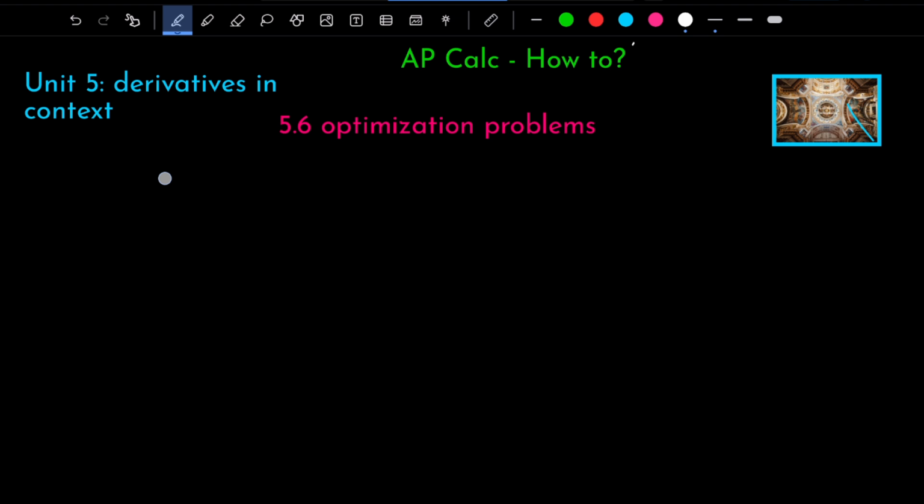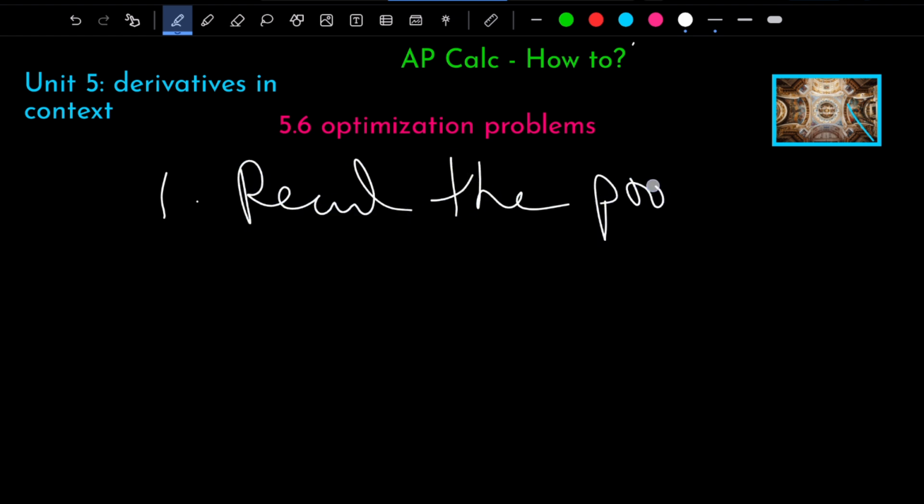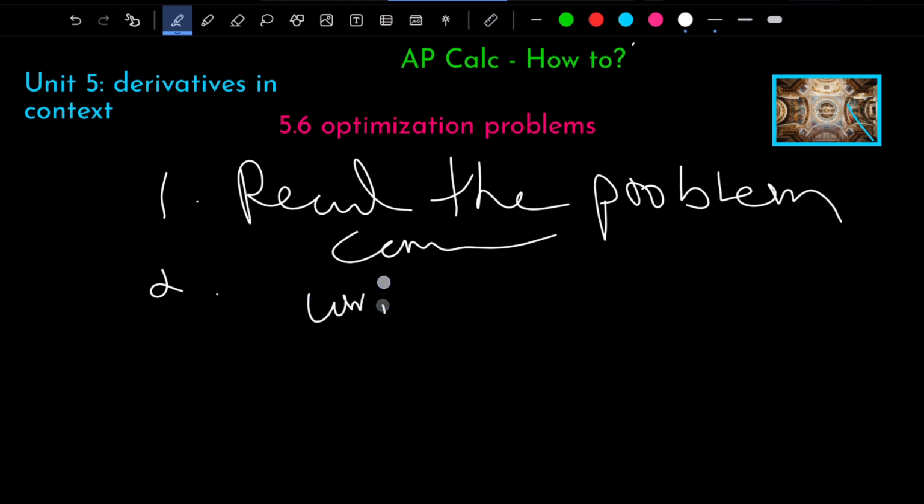So the first step is to read the problem carefully. This is a must-do, an easy one, but skipping it can lead to many mistakes. Now we're just going to roll right through these. Step 2: write the equation for the objective function.